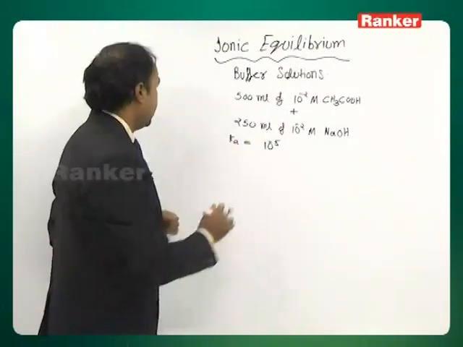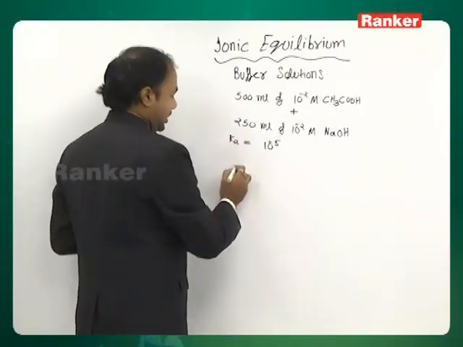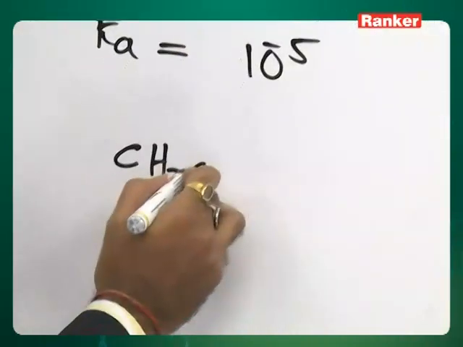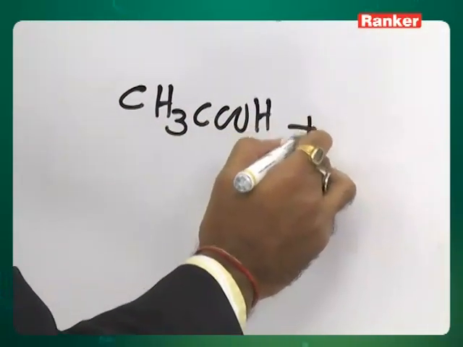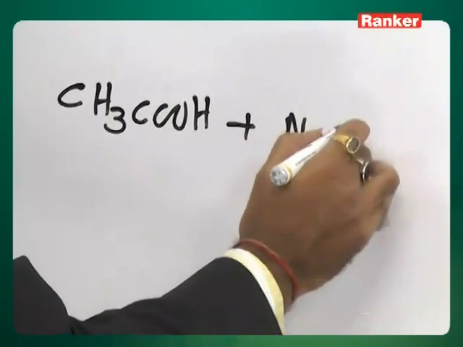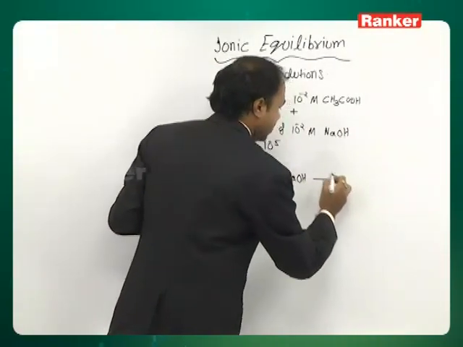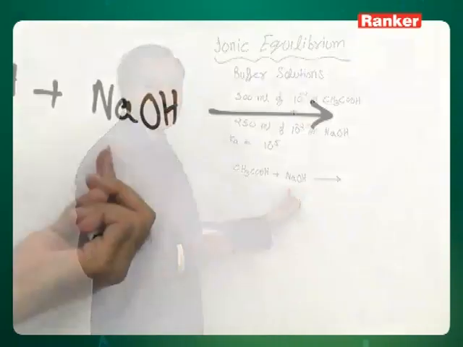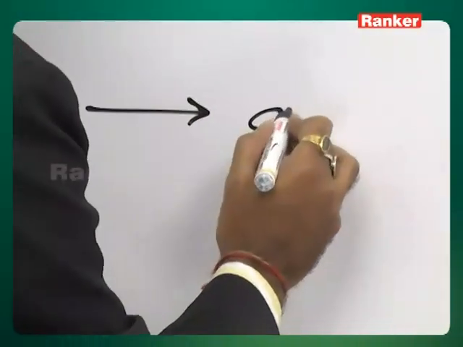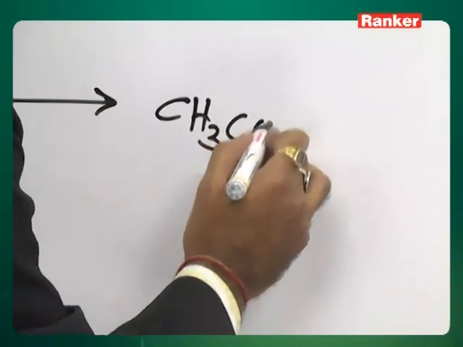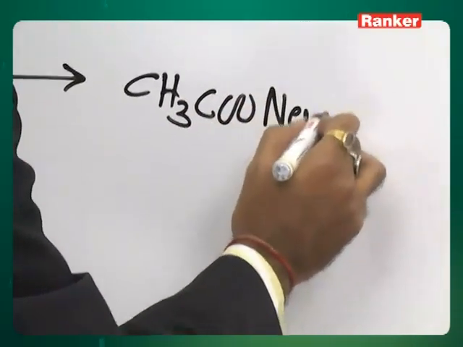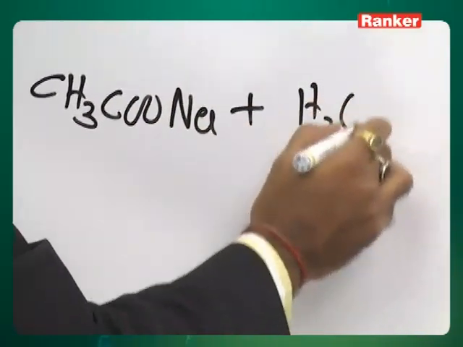See, what we do here is that once you add acetic acid and sodium hydroxide, they react with each other because of being acid and base to give you sodium acetate and water. This gives you acetic acid, this gives you sodium acetate, CH3COONa plus H2O.